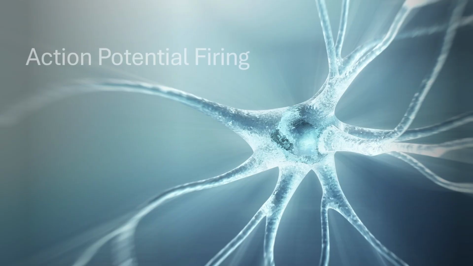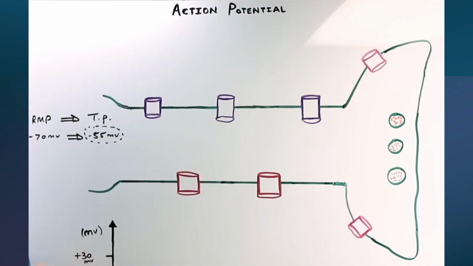Now, we've been speaking about the negative 55 threshold potential for this whole video. What happens at negative 55 millivolts? Well, it's a process of action potential firing, which we will be discussing now.